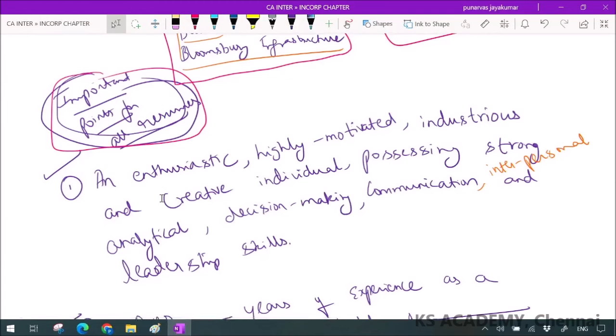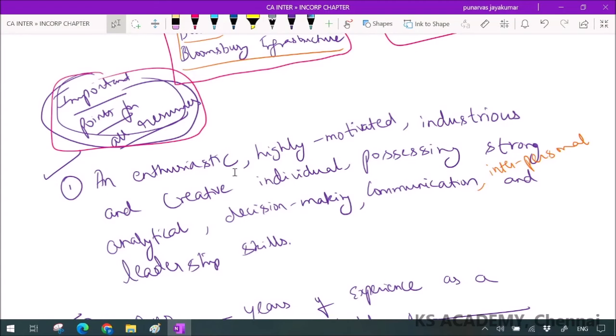40% minimum you'll get. An enthusiastic, highly motivated, industrious. Industrious means very hard working.